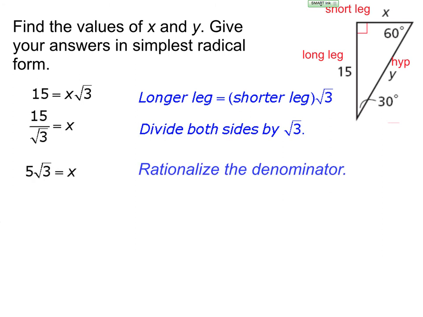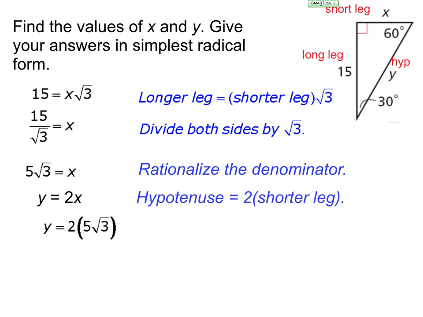I need to show work on that step. Okay, so then that's the short leg. To get y, to get the hypotenuse, what do we multiply the short leg by? 2. So what's 5 square root of 3 times 2? 10 times the square root of 3. Because you're not multiplying by another square root, the square root doesn't change. So we got 5 square roots of 3 and 10 square roots of 3.